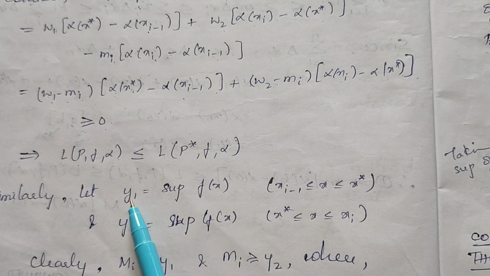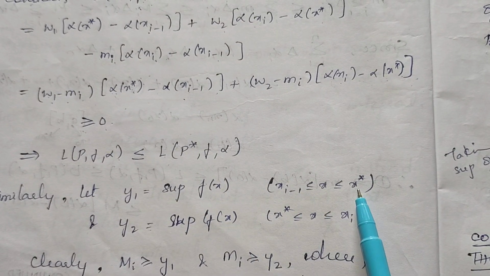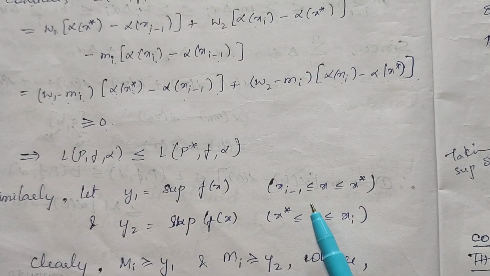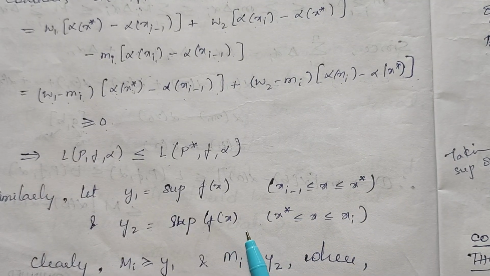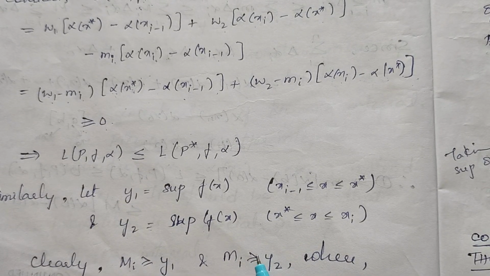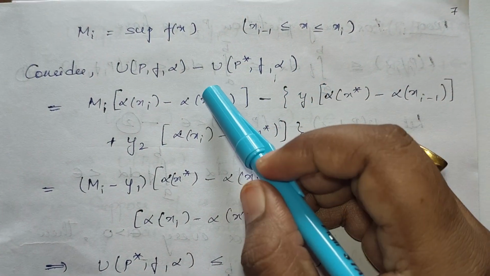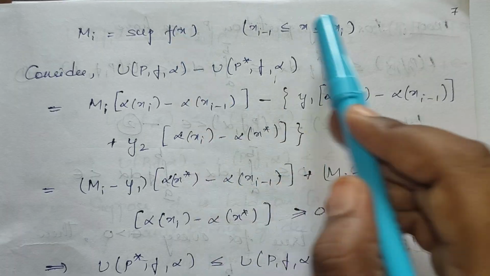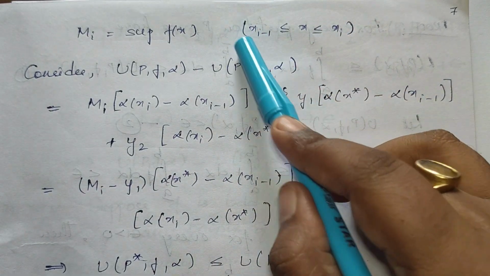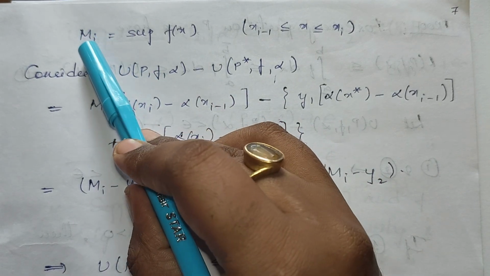Here I am considering y1 to be the supremum of f of x in this particular interval and y2 to be the supremum of f of x in this particular interval. So clearly mi will be greater than or equal to y1 and mi will be greater than or equal to y2, because this mi is the supremum of f of x in this particular interval. Okay, so obviously that will be greater than or equal to y1 and y2.